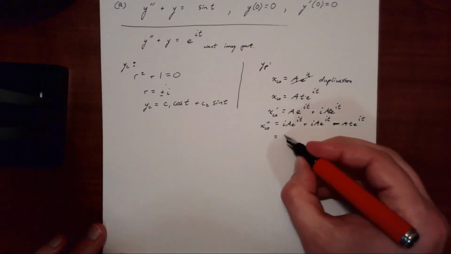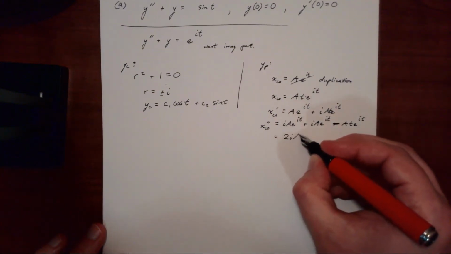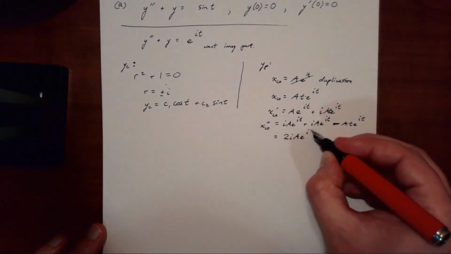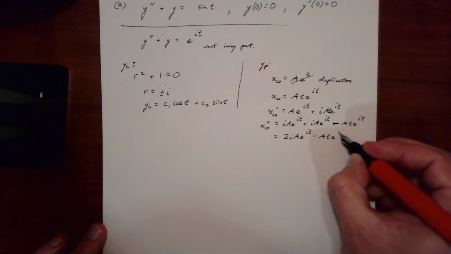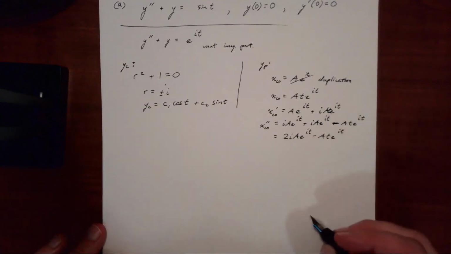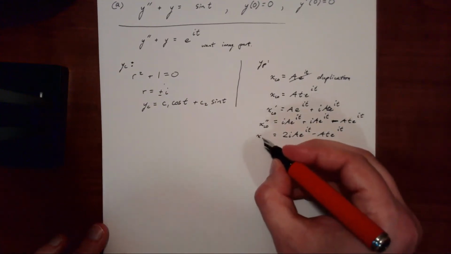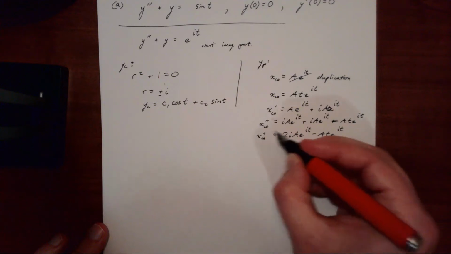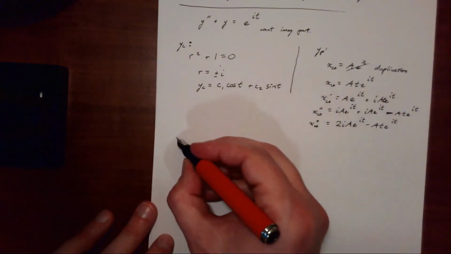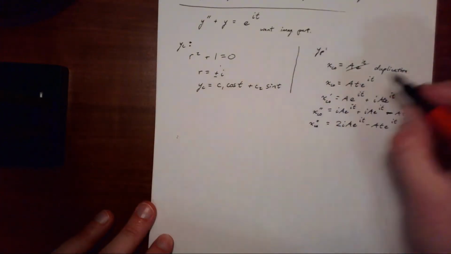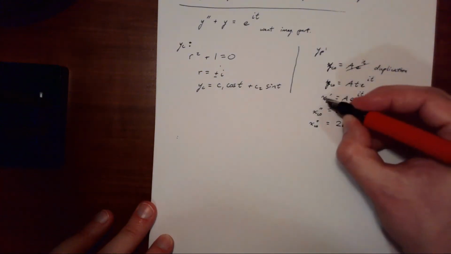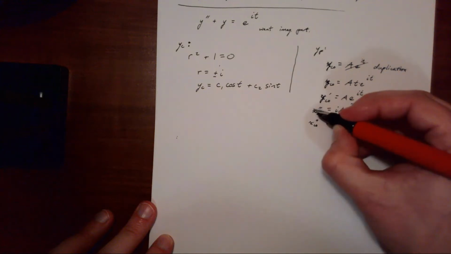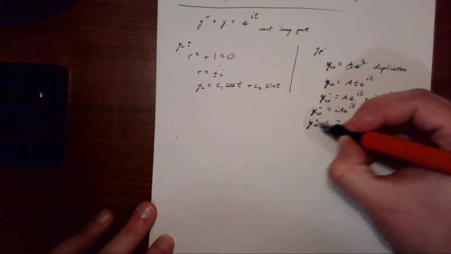So what is that? That's 2i a e to the it minus a t e to the it. Okay, so now we've, nope, see, this is what happens. I change letters and I forget that I changed the letters. So these are all y's, of course, not x's.